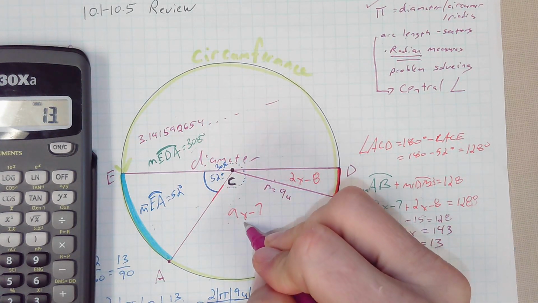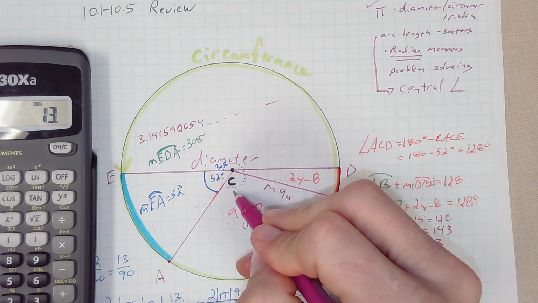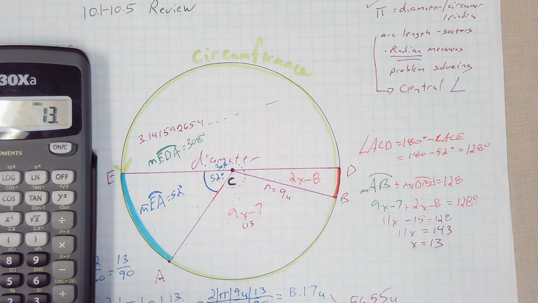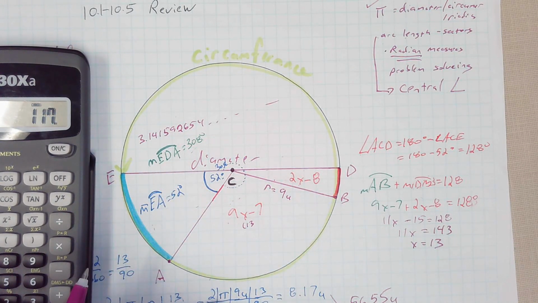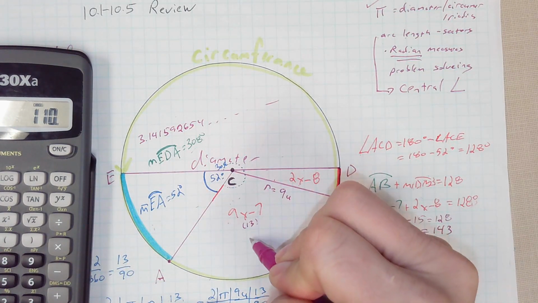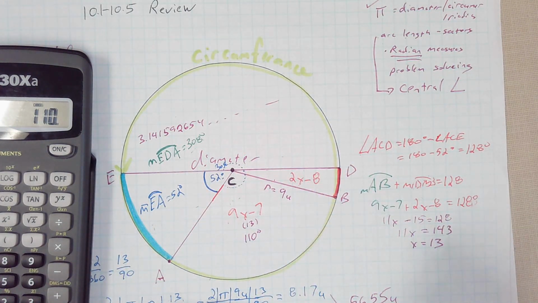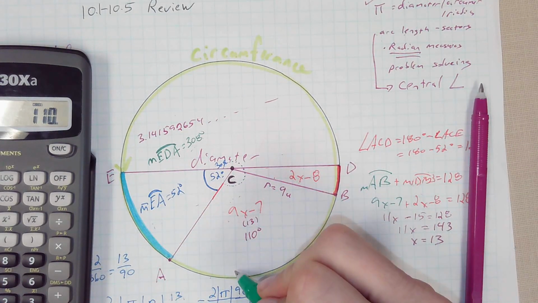You plug in x, 13, for that. So this angle here is going to be 9 times 13 minus 7, excuse me, is going to be 110 degrees. So this is 110.